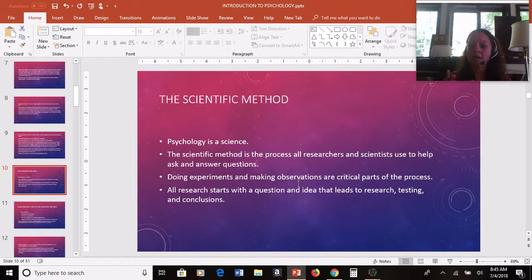It's a way to help make the data that we come up with more valid and more credible. The scientific method is not unique to psychology. It's a process that all researchers and scientists use to help ask and answer questions. And in many ways, we apply the scientific method to our daily lives.